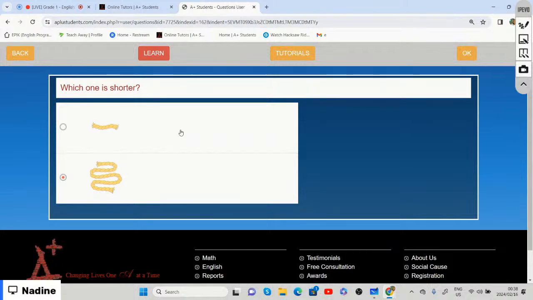And we said that if we see which one is taller or longer, let's say longer or shorter, of the ropes, then we say it's the top one, the first one.